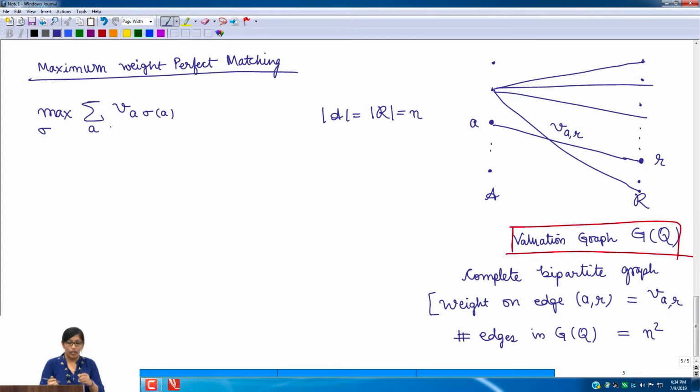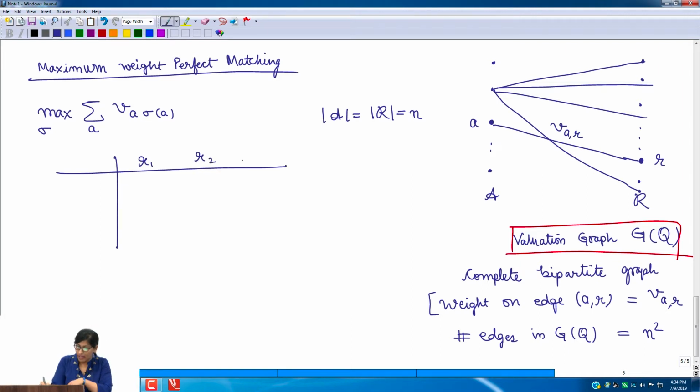So, this is, okay, I should have, let's say, some example. So, let's say I have 3 rooms and let's say I have 3 agents, and let's say these are the base values, let's say something like this, 5, 2, 1, 4, 1.